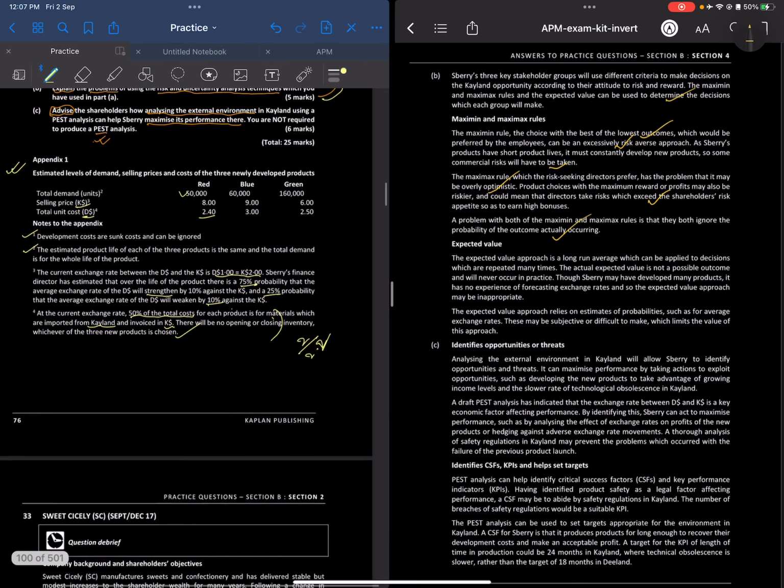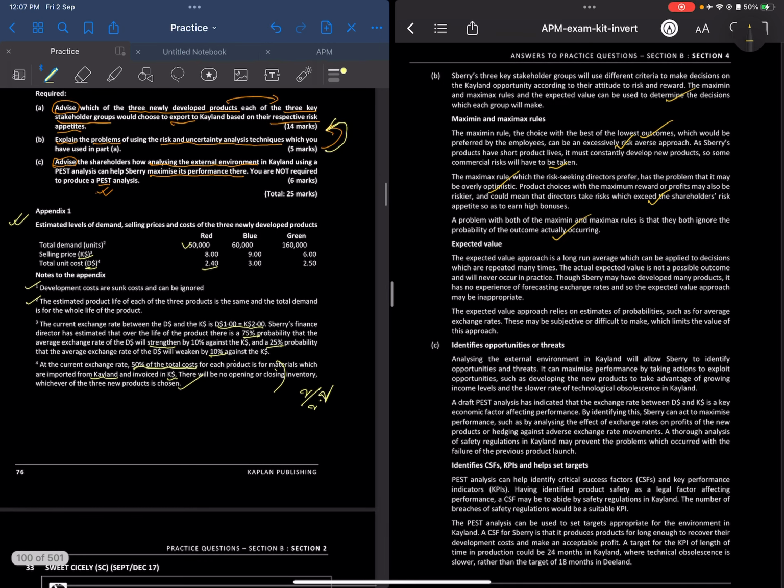And for expected value, that approach takes a long run approach which applies to decisions which are repeated many times. Remember the similar answer earlier. The expected value approach is a long run average which is applied to decisions which are repeated many times, not good for one-off events.